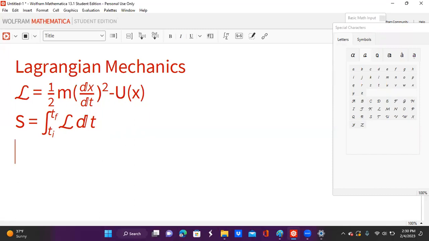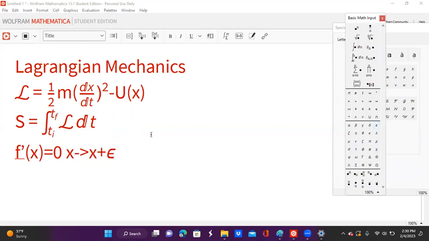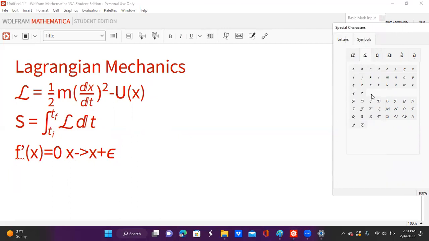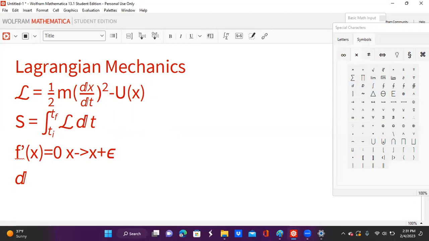S equaling the number, and then you got F prime of x is not, and then you got x plus epsilon, and then you got DF equals F prime of x epsilon equals 0.